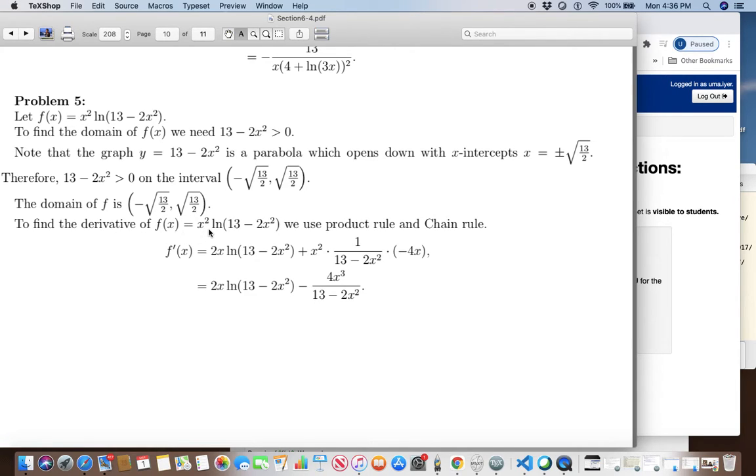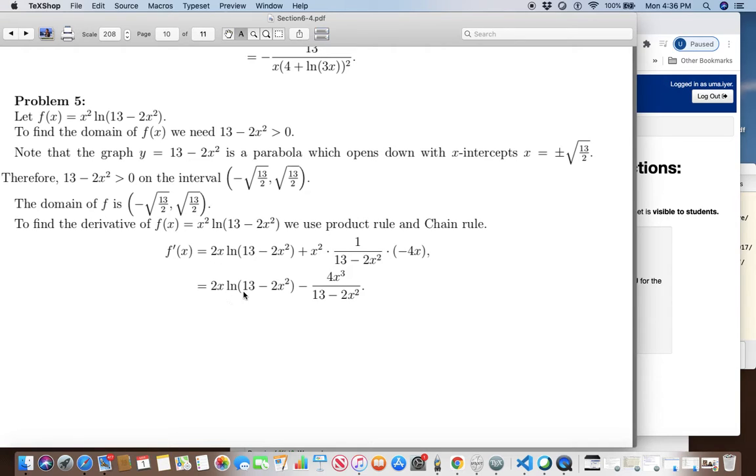Now find the derivative. You need to use the product rule and then the chain rule for the second part. Product rule: derivative of the first, second as it is, plus first as it is, derivative of the second. I had to use the chain rule here.